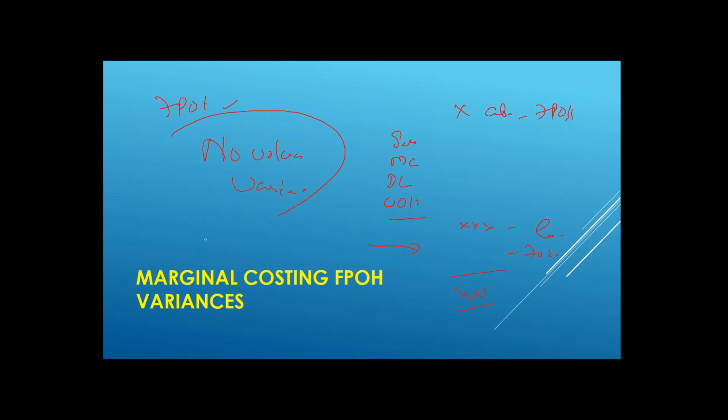In traditional costing we absorb the overhead, but here we don't, and therefore in marginal costing variance analysis we will never have a volume variance. We will have all the other variances. What are the other variances we will have?